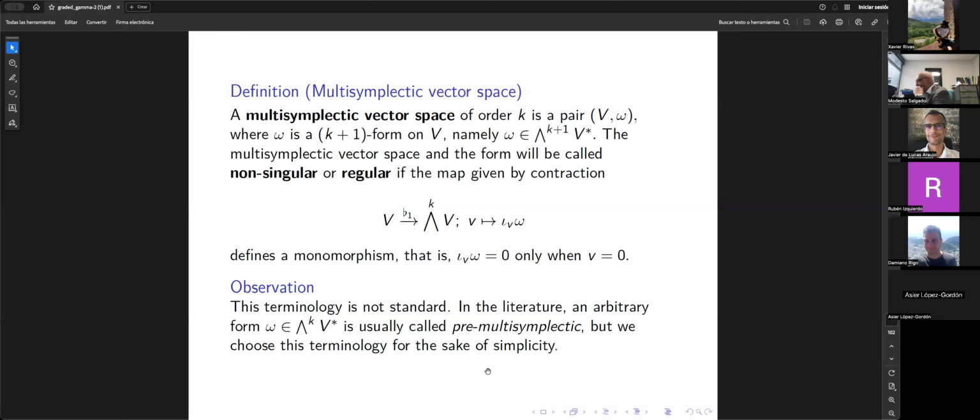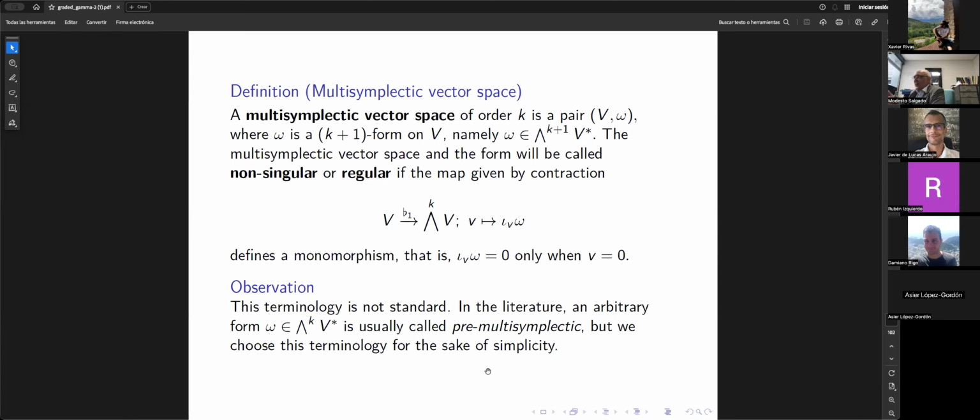But I have a question, because there are lots of definitions. Have you seen any work with, for example, the so-called two-injective symplectic forms? I mean, the contraction with any vector. Why not consider this kind of thing? The point is that you don't need to.